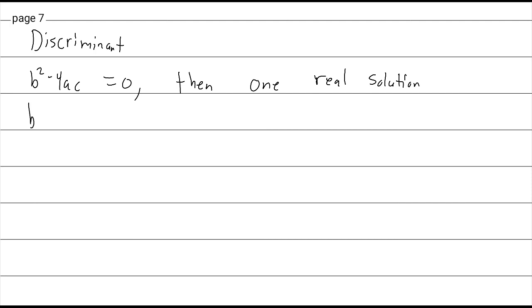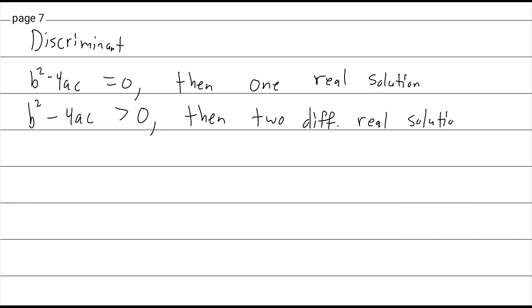If b squared minus 4ac is greater than 0, then you're going to have two different real solutions. And if the part under the square root is negative, then you have two imaginary solutions.